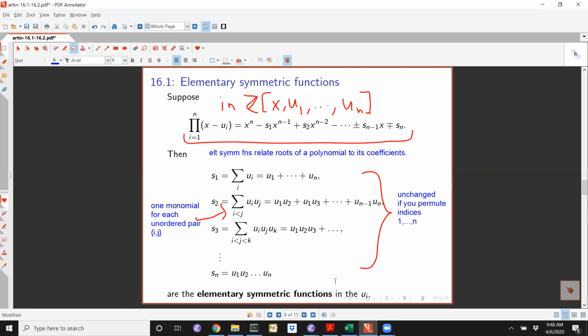And because the set of unordered pairs is unchanged, and unordered triplets and unordered sets of 4, and so on, because those sets are unchanged if you permute the indices, all of these polynomials are invariant under permutations of indices. So does that make sense?